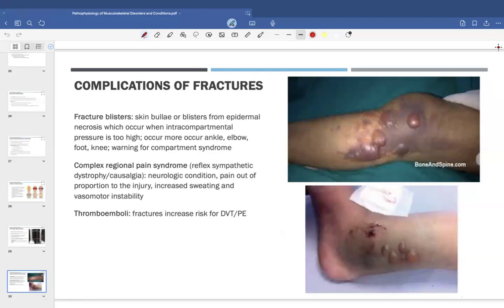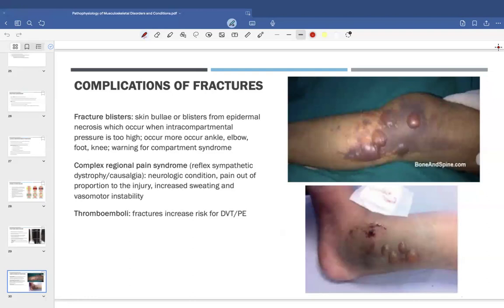And so even though the acute injury has healed, these patients continue to have pain, and it's neurologic pain, and the pain is completely out of proportion to the actual injury itself.